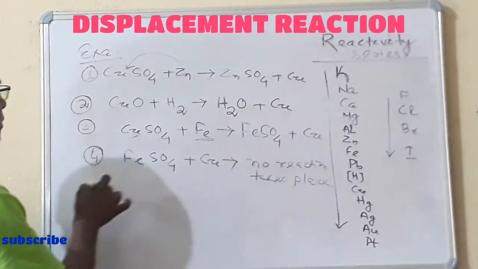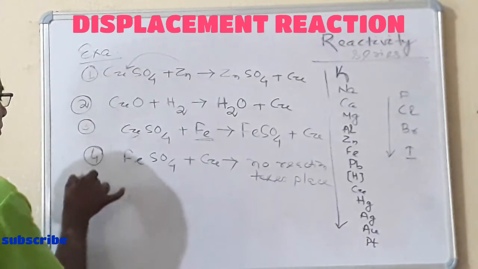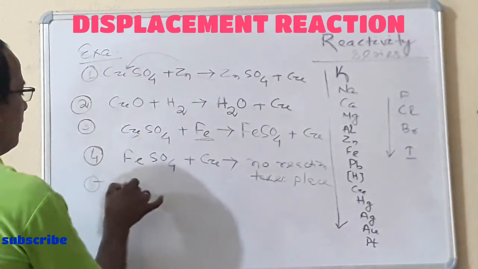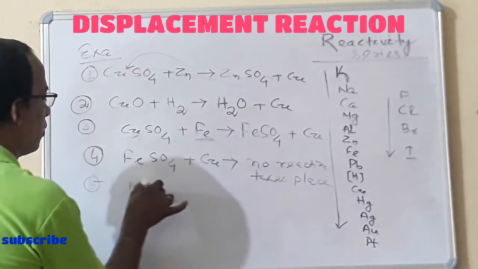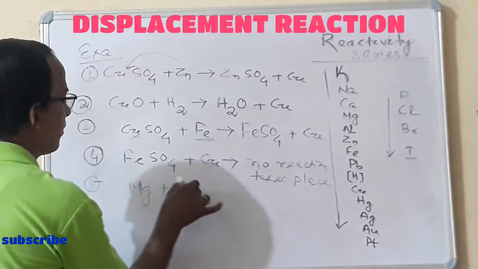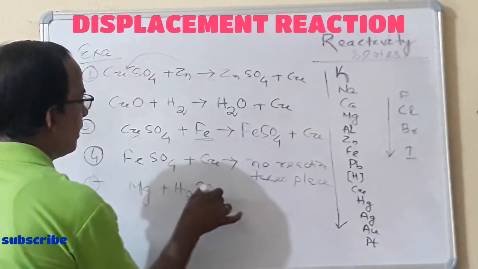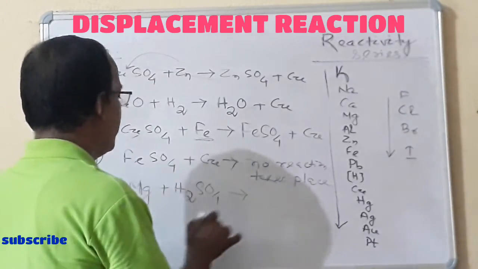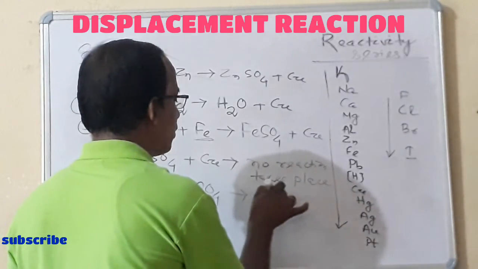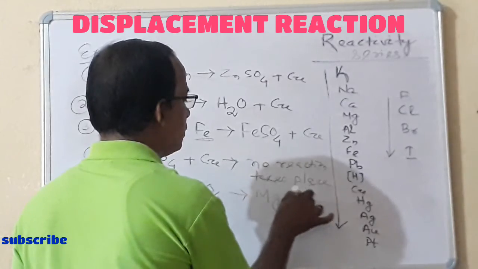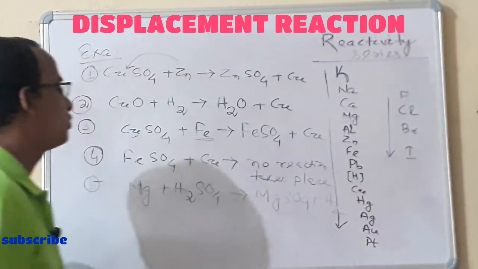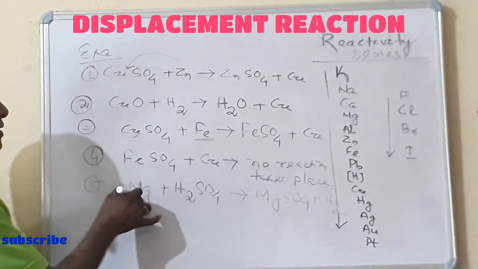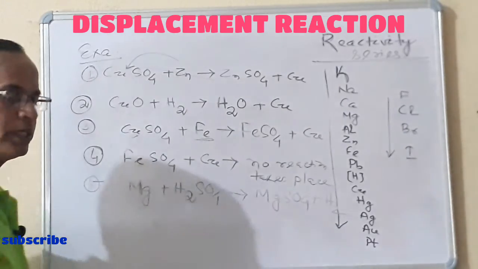Similarly, if we take magnesium, Mg, plus H2SO4, it produces MgSO4, magnesium sulfate, plus hydrogen. Here also magnesium is more reactive than hydrogen.